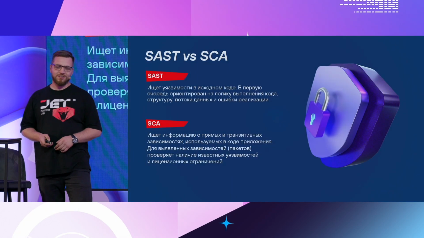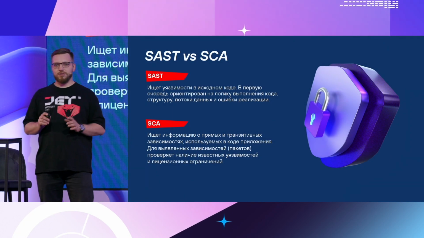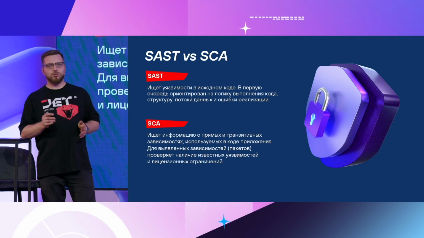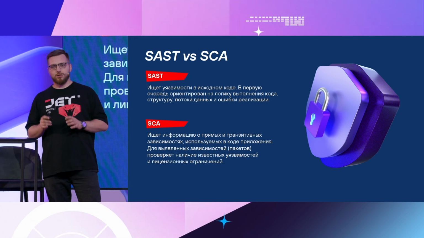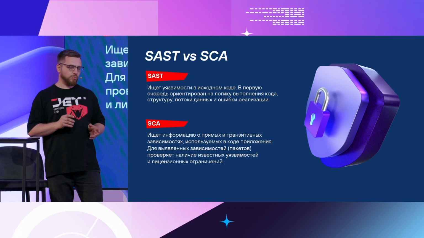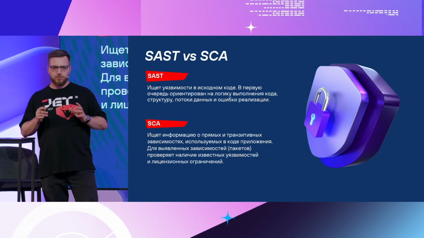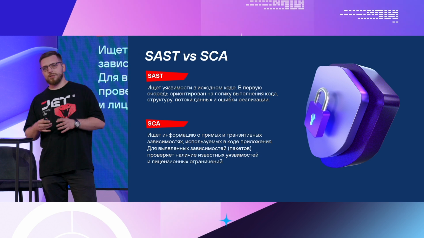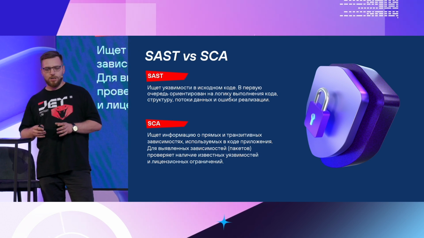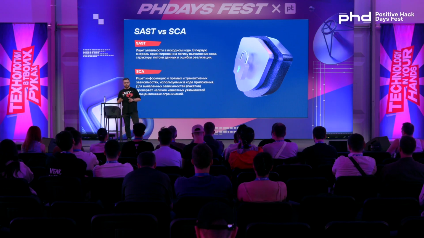So, at first, theory. We cannot do without it. First of all, you must understand what is SAST and SCA. Why do we need SAST? It's the search of vulnerabilities by templates, by source code, by signatures, how the data that we get from users, from external sources, move along the application, and what are the results.